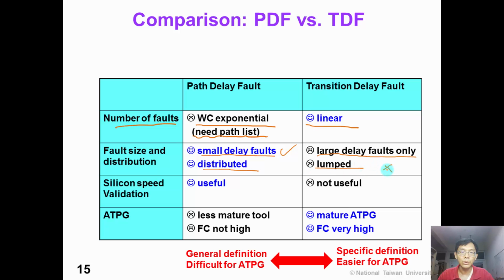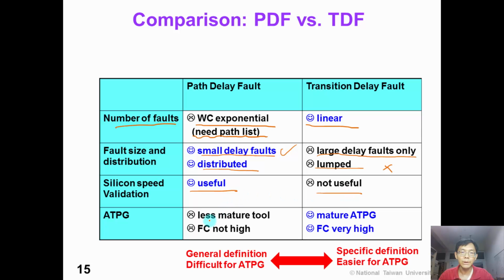This may not be realistic for real circuits. In terms of silicon speed validation, we can use path delay fault test patterns for silicon speed validation. However, transition delay fault test patterns may not be useful to verify the silicon speed.